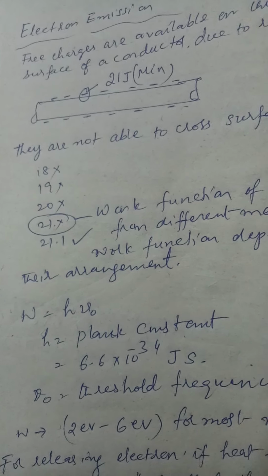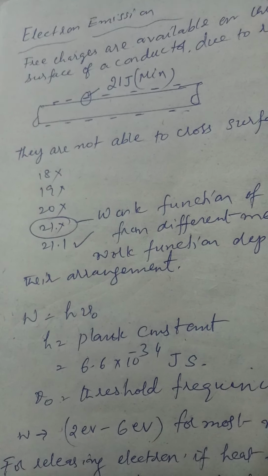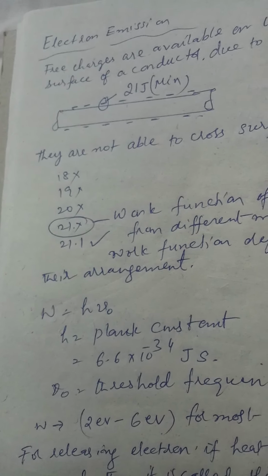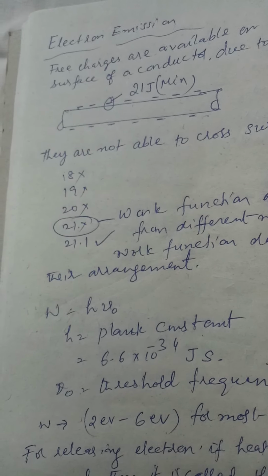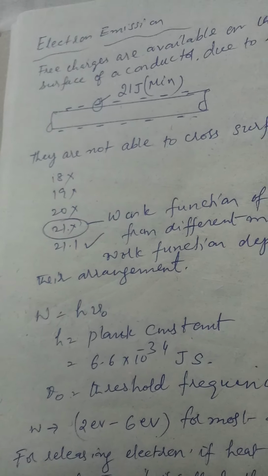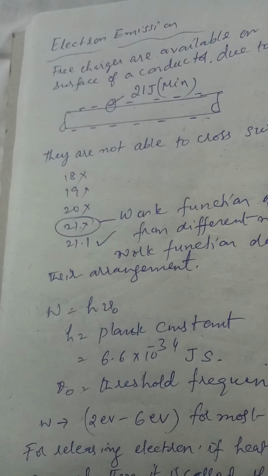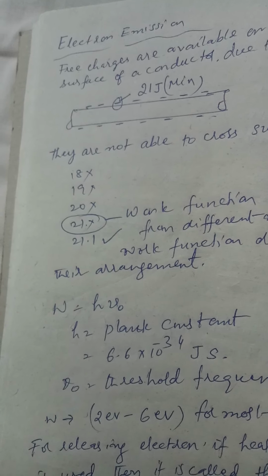and nu naught is called the threshold frequency. See, basically this work done by an object converts into energy. I told you in the previous class that work and energy basically are two sides of the same coin. Sometimes we use energy, sometimes we use work.